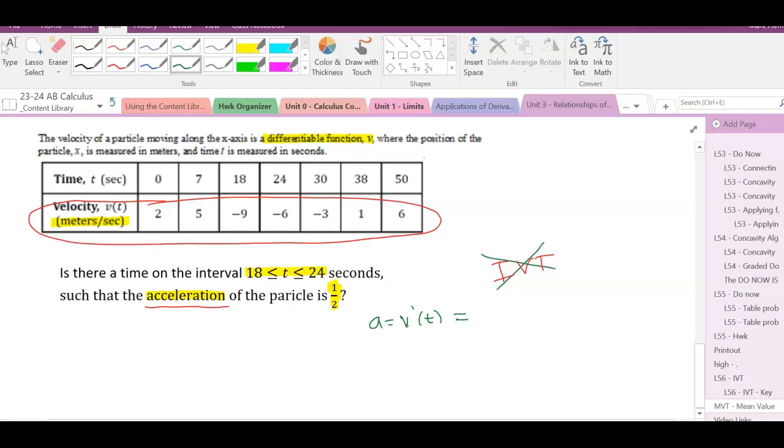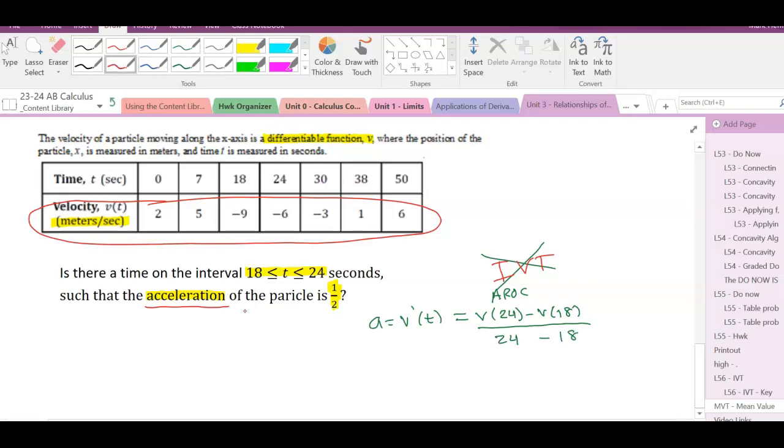We must be looking for when the derivative is equal to the average rate of change, or the velocity at 24 minus the velocity at 18 all over the time 24 minus 18.